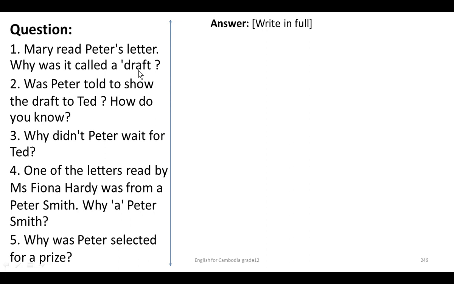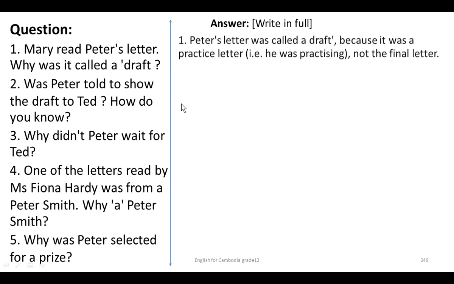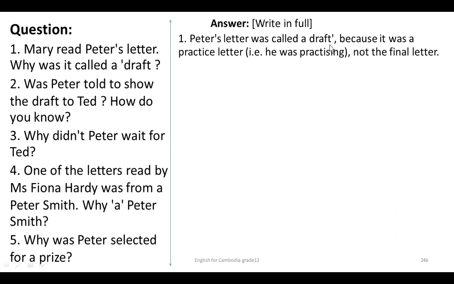It is just the first writing, and especially they need to note some main points and write detail. Peter's letter was called a draft because it was a practice letter. It is just practice and not the final one.